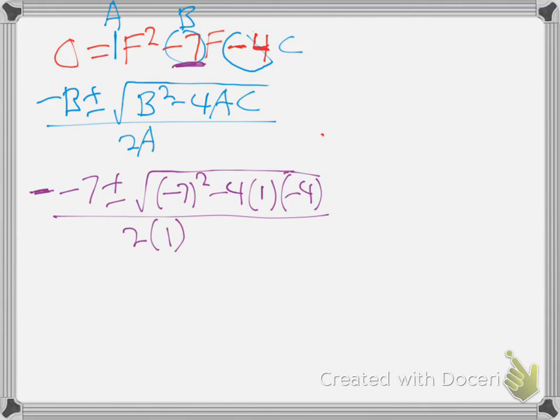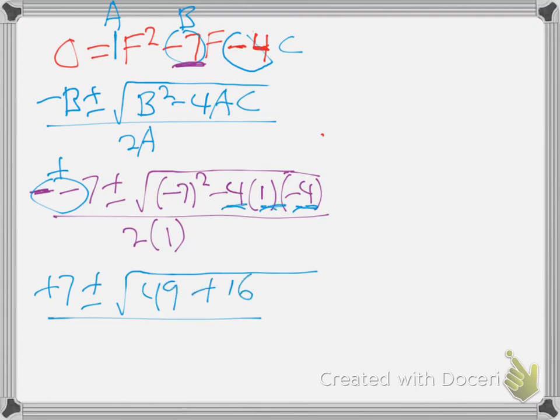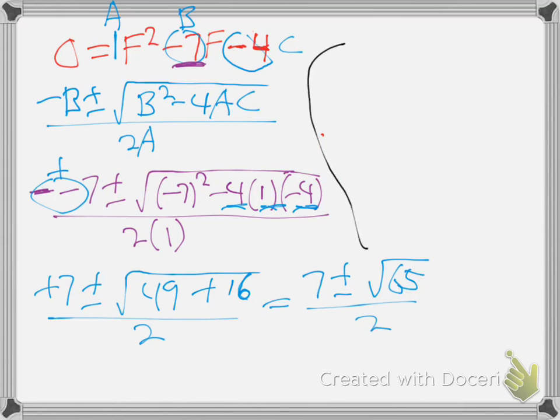All right, so then double negative, positive 7 plus or minus square root 49, plus 16, two negatives make a positive, all over 2. This is 7 plus or minus square root of 65 all over 2. So it's 7 plus root 65 over 2 and 7 minus root 65 all over 2.